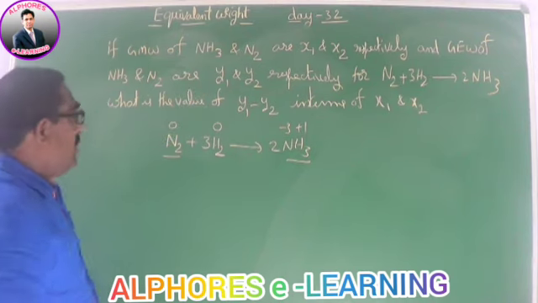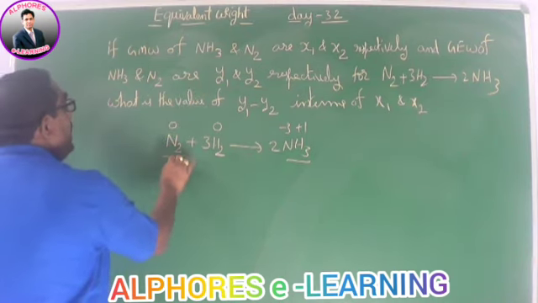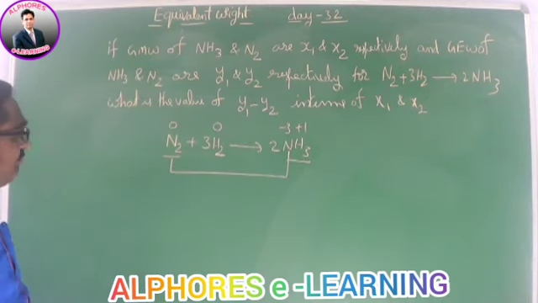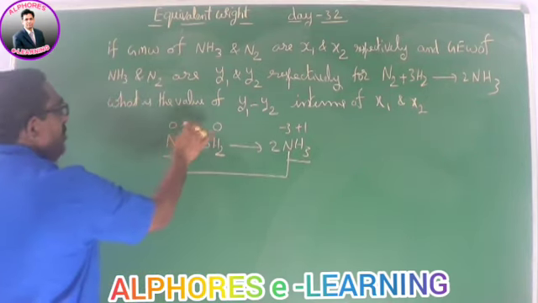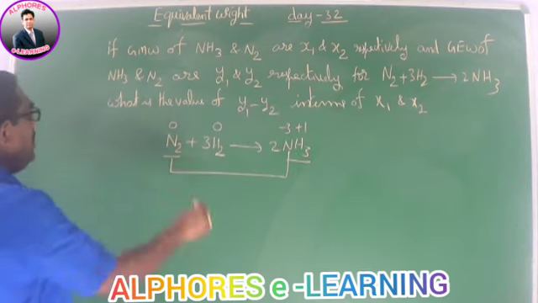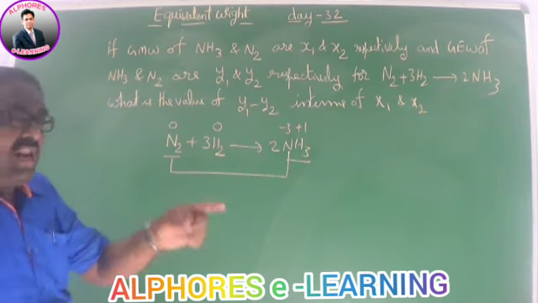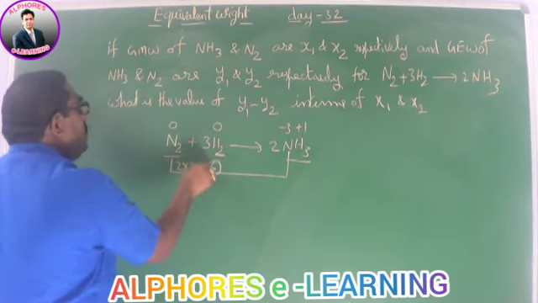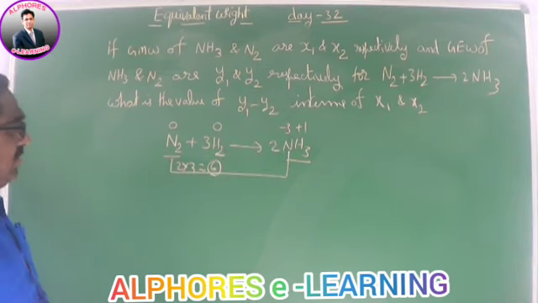So here, the N factor for nitrogen, first let me estimate. Nitrogen is changing from 0 to minus 3 per 1 atom. Two such nitrogen atoms are there in its molecular formula. So the N factor for this is 2 into 3, 6.